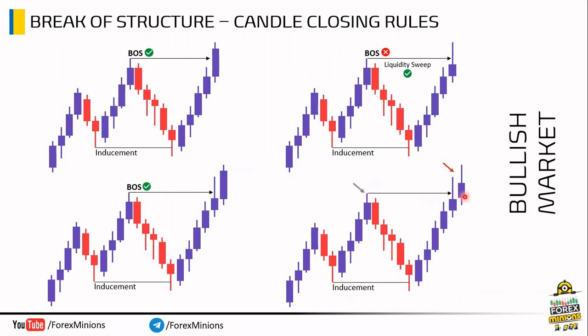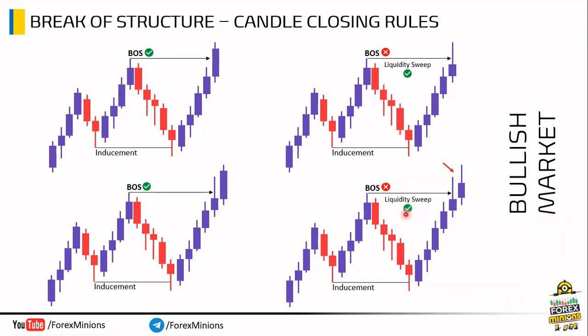Here, the candle body is not closed above the previous highest candle. So this is not a valid break of structure. Understand? See, this candle's wick just crossed the high of this candle's wick, but its body closed below the high of this candle. That is why we will mark it as an invalid BOS, and we will mark it as liquidity sweep.